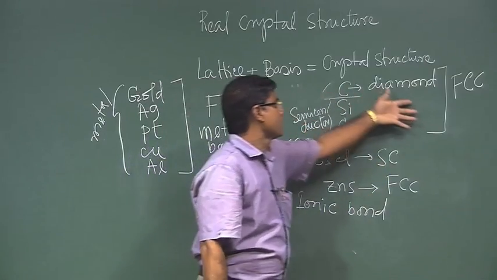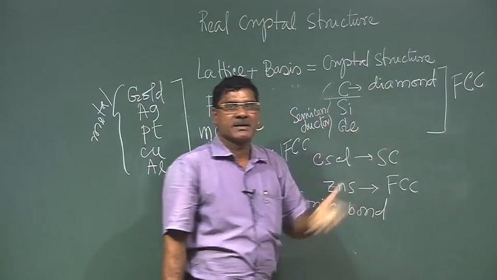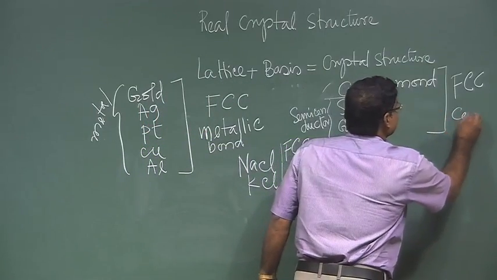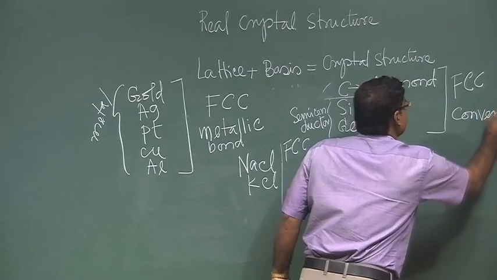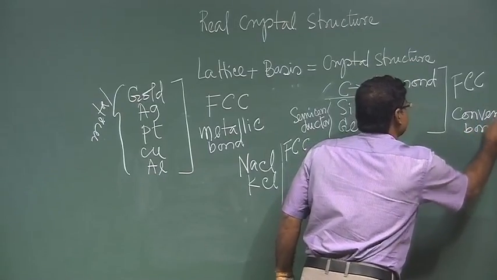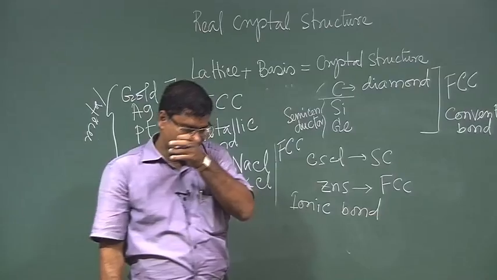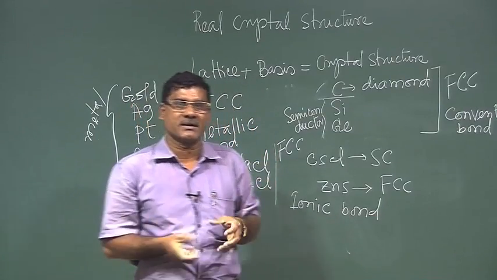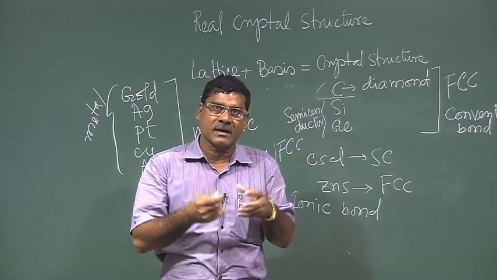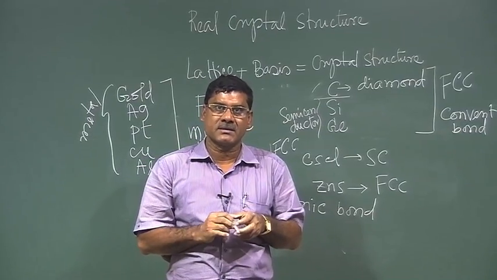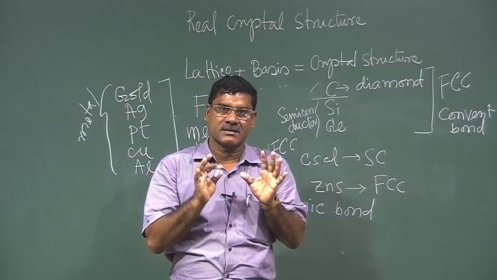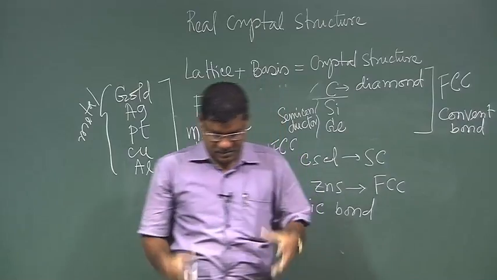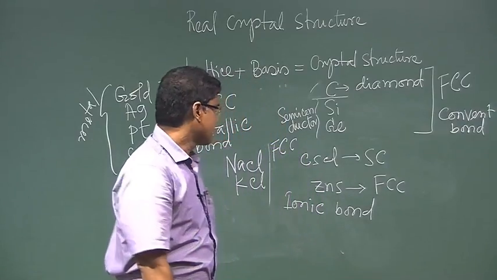And for diamond, silicon, germanium, covalent bonding is responsible for this type of structure. So, same FCC, but different structure based on the distribution of the bases. That is because of the different bonding among these atoms in solids.